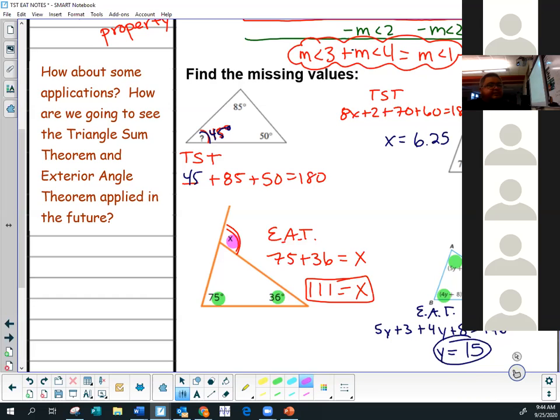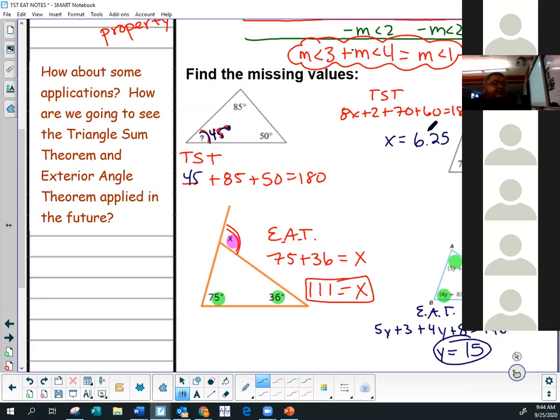Mr. Collins, yes. The second triangle, how did you get 6.25? I got 6 and then I did the equation again and still got 6. I got 6 too. Well, I'll be honest, I might have misadded. Do you guys agree with my equation though? Yeah. Okay, let me just, oh, you know what?